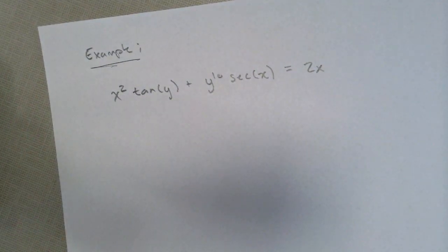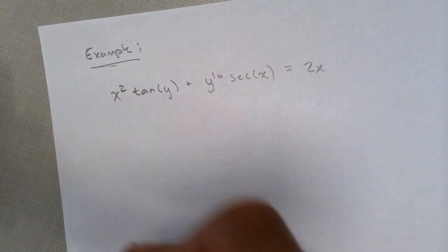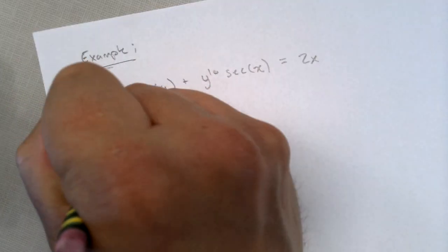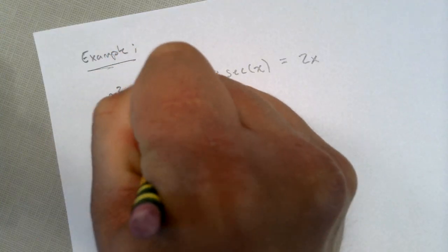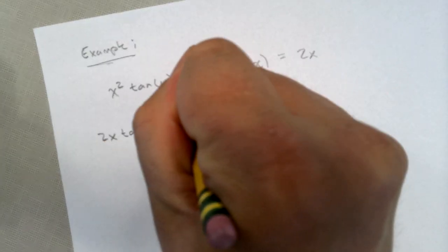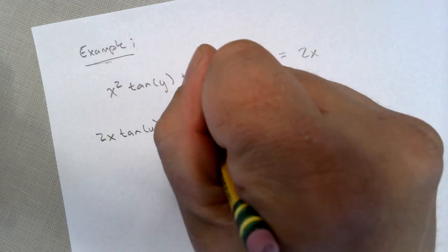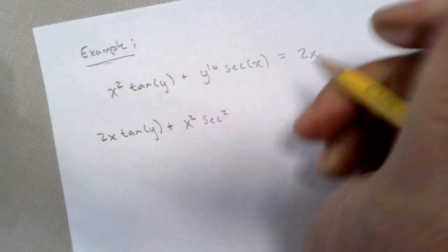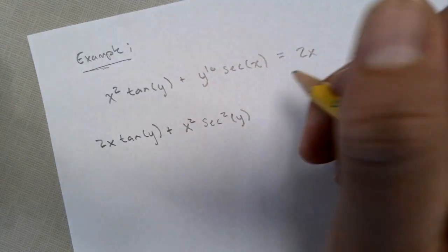All right, let's do some implicit differentiation here. So we have to apply the chain rule to x squared times tangent of y. So the derivative of the first, that's 2x times tangent y, plus x squared. Now we need to take the derivative of tangent y. The derivative of tangent is secant squared y, and then the derivative of y is just dy dx.